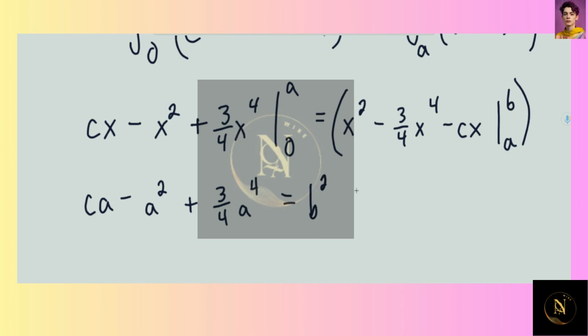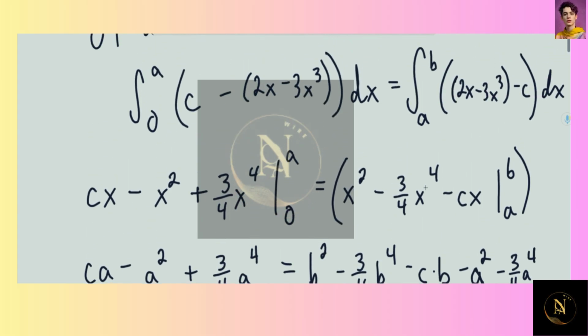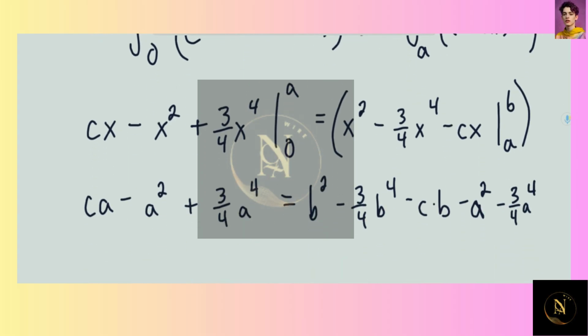I trust you can by this point. B squared minus 3/4 b to the 4th minus c times b, and then minus a squared. It'd be minus 3/4 a to the 4th. No, it would become plus because you have to distribute that negative in there.